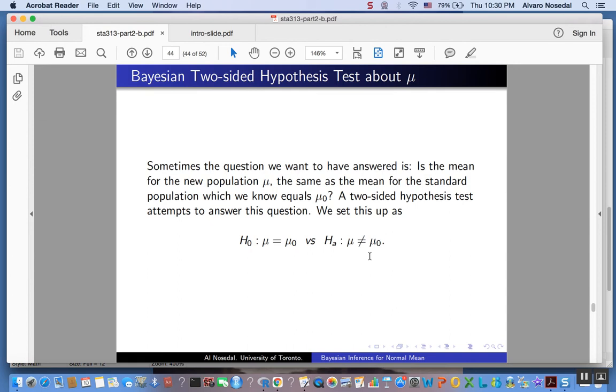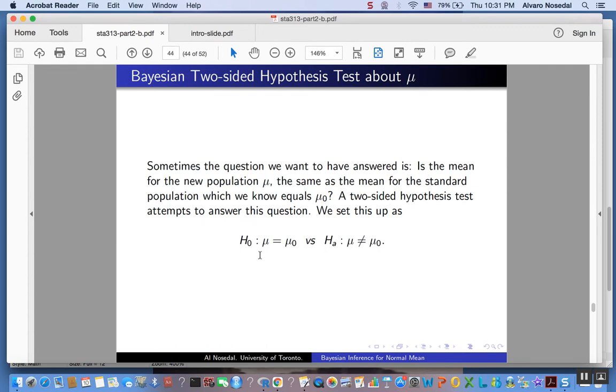Well, what you have to remember is that there's a relationship between a two-sided alternative and a credible set, or back then when you were doing frequentist statistics, between two-sided alternatives and confidence intervals. So you can compute a confidence interval to carry out that test, and that's how you would proceed in a Bayesian perspective, right?